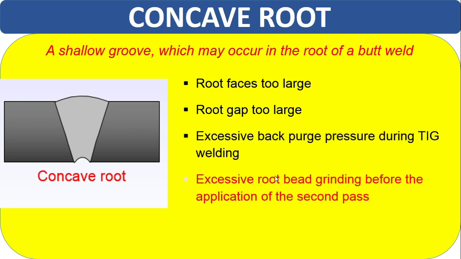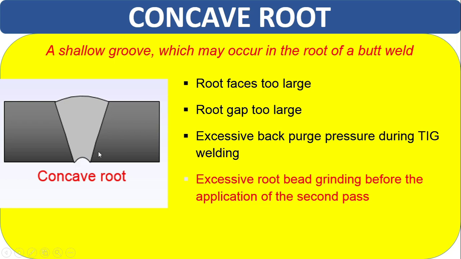Excessive root bead grinding before the application of the second pass. What will happen? The first run in the root you have completed. After that, you grind it, because you think there is some problem in the root. At the time of grinding, some more material is ground, meaning material is removed.